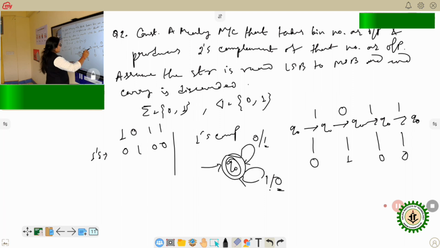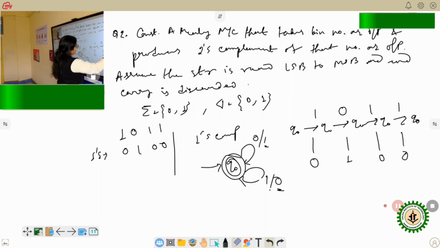From Q0, by giving input 1, I can go to state Q0, but for 1 the output is 0. From Q0, by giving input 0, I can go to state Q0, the same state, but for 0 the output associated is 1. And from Q0, by giving input 1, it can go to the same state, but output associated is 0.